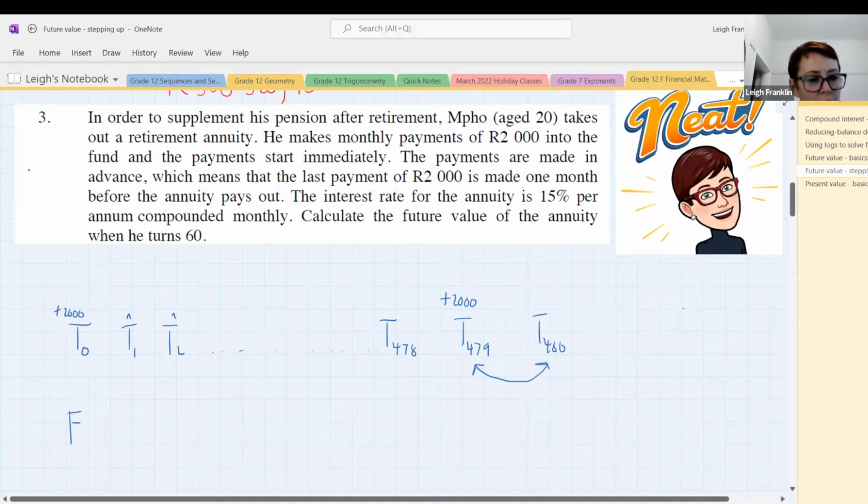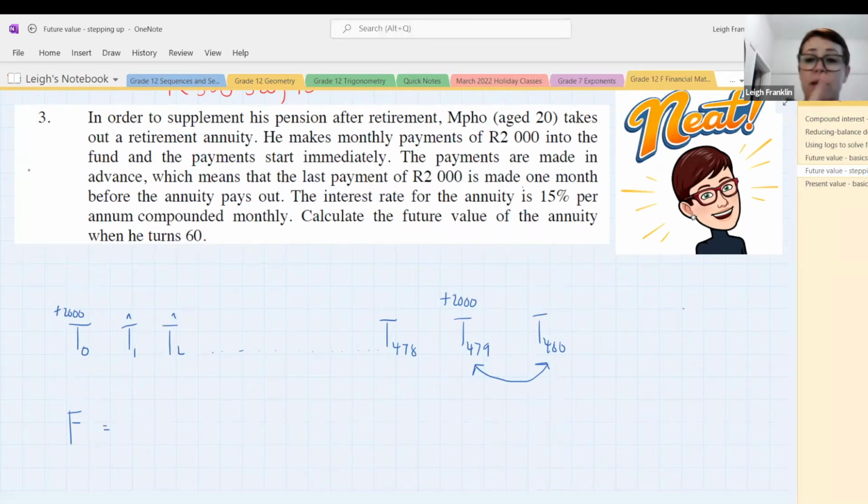All right, so the future value of, and you're going to see here the value of starting to save early for your retirement. You're going to see how much money Paul has by the time he turns 60. He's going to have a nice retirement. So 2,000 Rand a month, that's his X value, isn't it? 1 plus his rate is 15% per annum.